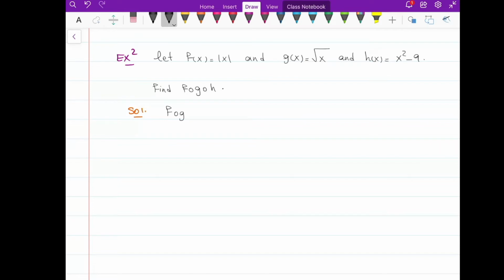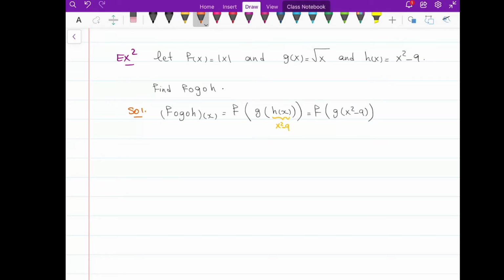F∘g∘h at any x is equal to what? It's equal to f of g of h of x. There you go. Let's see, what is h of x? H of x is x squared minus 9. Okay, so I need to find f of g of x squared minus 9.